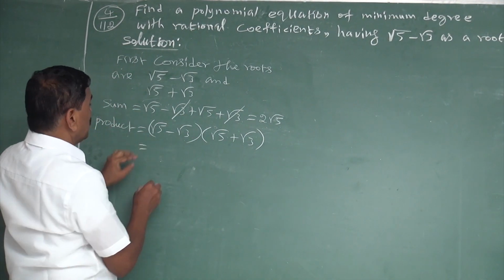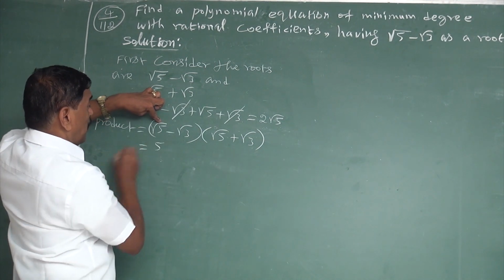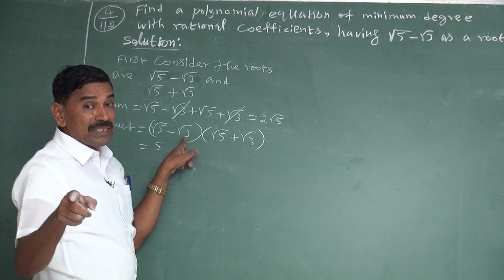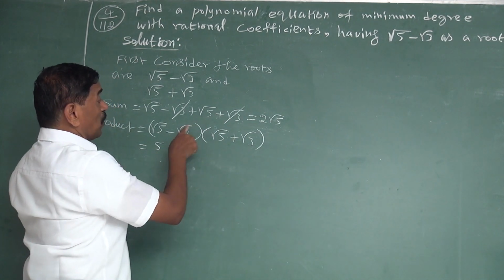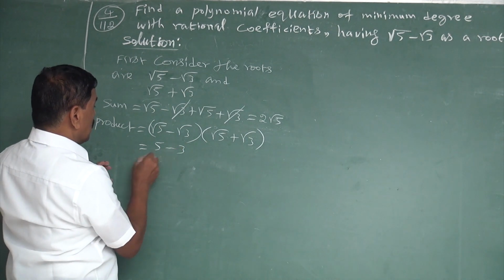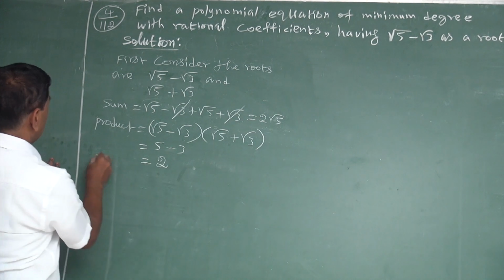Here a square means root 5 the whole square, equal to 5, because root and square cancel. Next, minus b square. What is b square? Very good, 3, because root 3 the whole square, square and root cancel, so minus 3. Which is equal to 5 minus 3, equal to 2. That is the product.